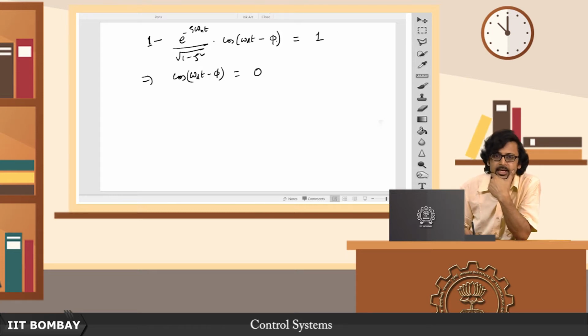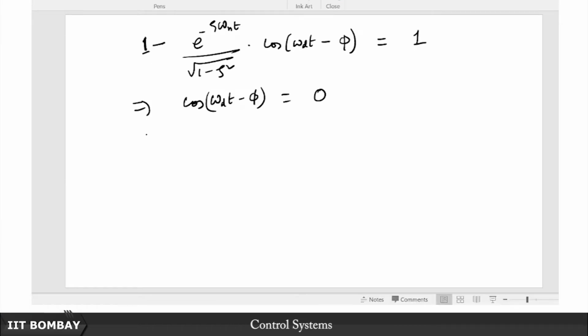We are interested in the first time it reaches the steady value. Recall that tan phi is equal to zeta over root 1 minus zeta squared. In other words, phi is equal to sine inverse zeta.